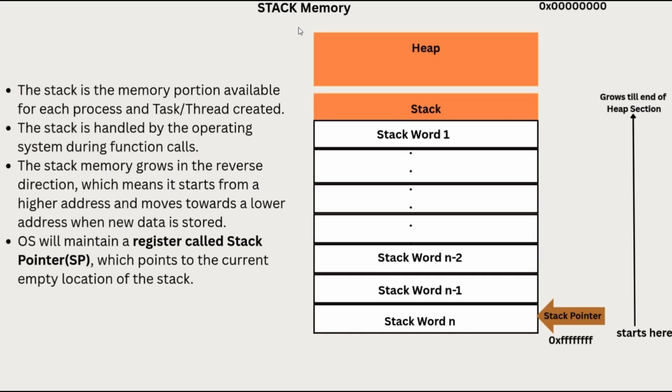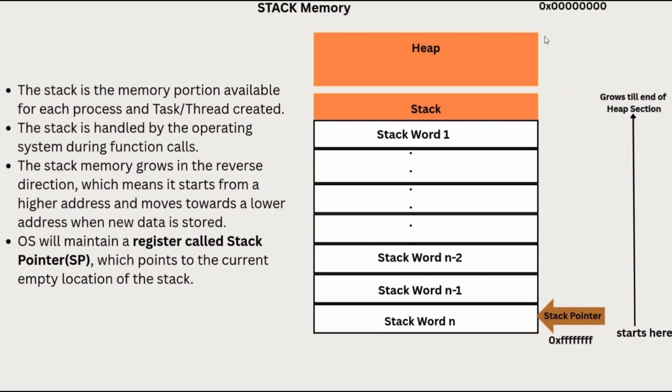If you see the stack memory, normally memory grows in incremental, ascending order. The memory starts from 0000, and let's say you have a RAM of 1 GB, it will start from address 0000 and go till some higher address like XFFF, based on your RAM size.